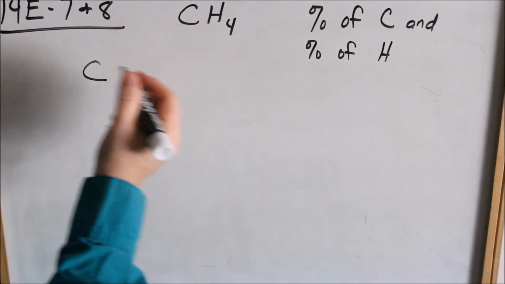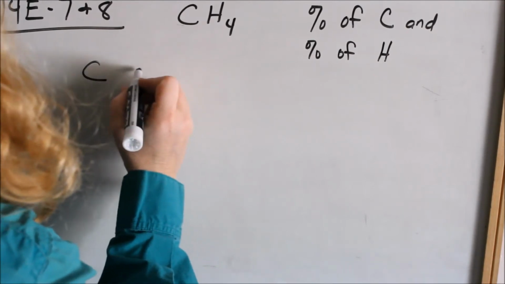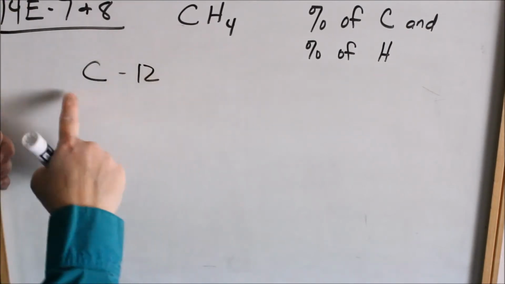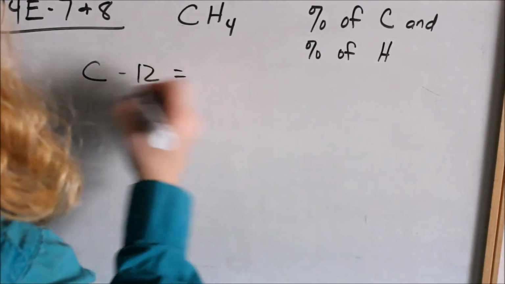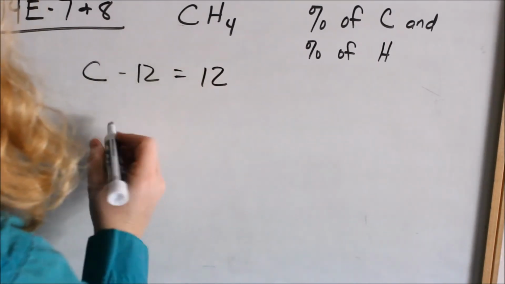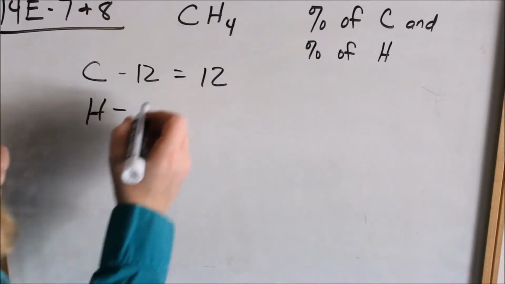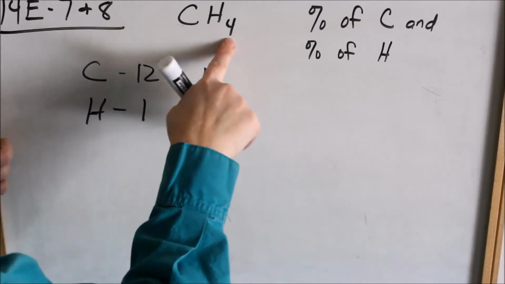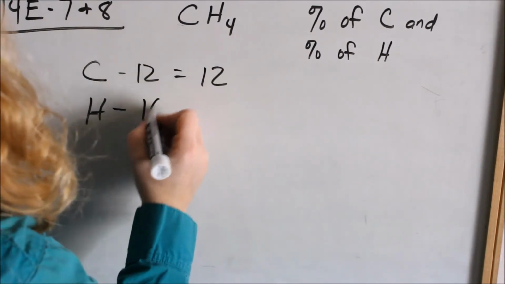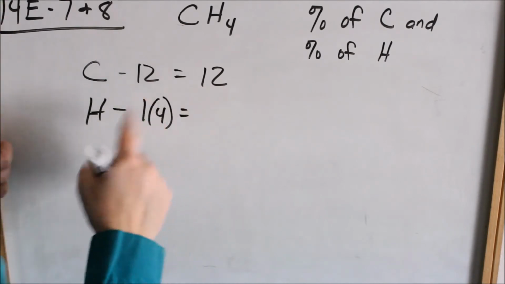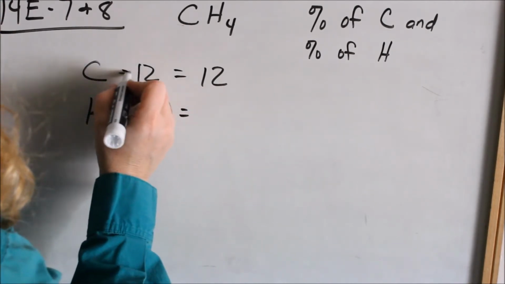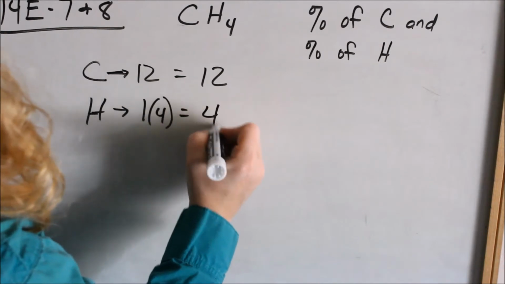Carbon is 12, and we only have one of them, so we just multiply by 1, so that's 12. Hydrogen, the atomic weight of hydrogen is 1, and we have 4 of them, so you have to multiply that by 4. 1 times 4 is 4.